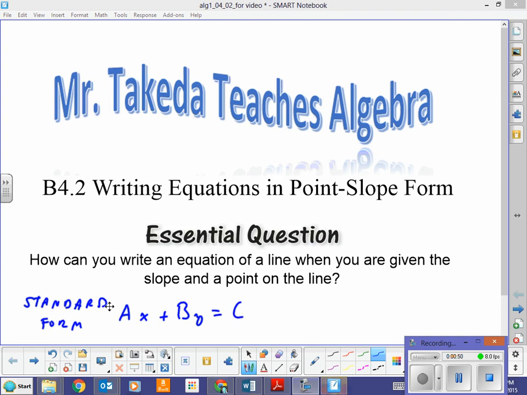And you know a has to be a positive number, and a, b, and c have to be integers. We know slope-intercept form. This is the famous y equals m times x plus b. But today we look at point-slope form. So let's take a look at what that is.